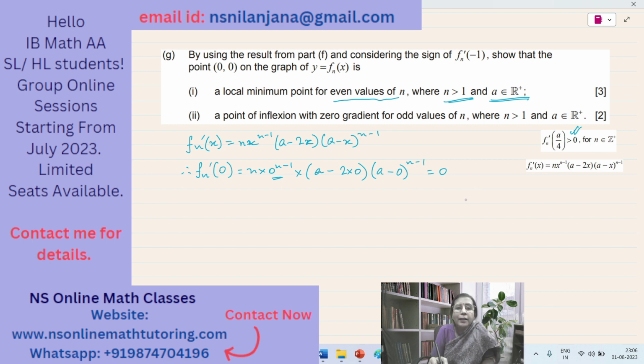So Fn dash 0 equal to 0, and what is Fn dash -1? N is an even number, they have said, positive even number.